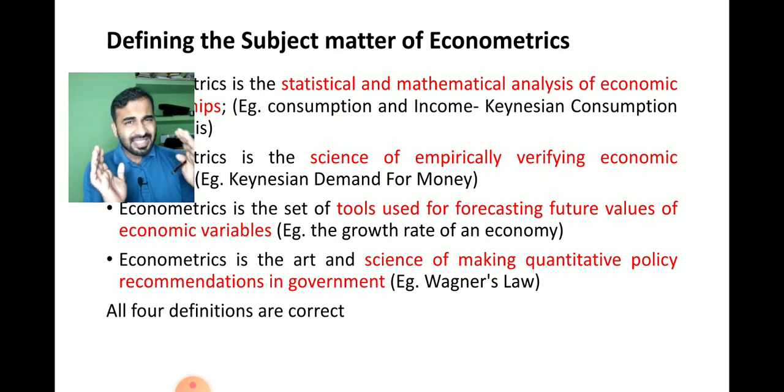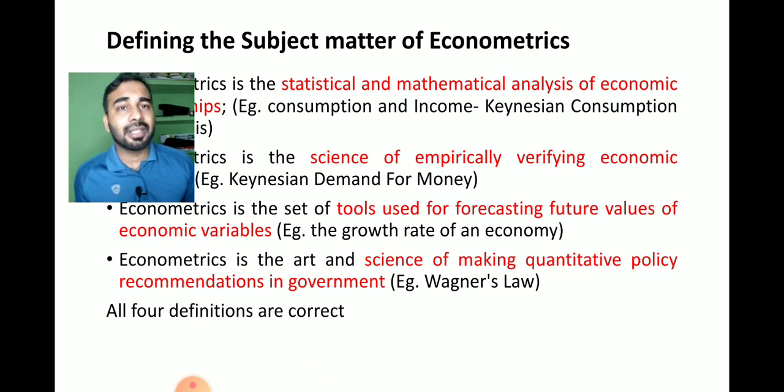ADB, World Bank, IMF, a large number of international organizations are also giving forecasts about different economic variables. Basically they are examining the past data and reaching certain ideas about the future value of an economic variable.